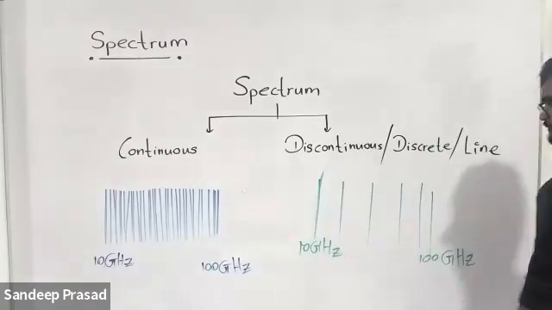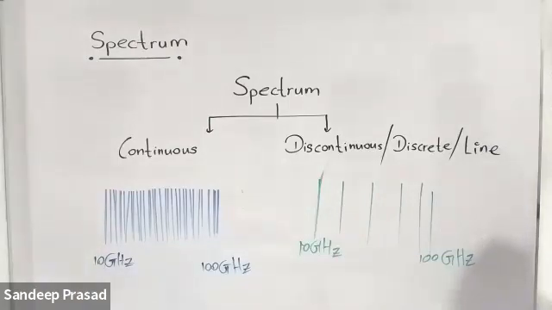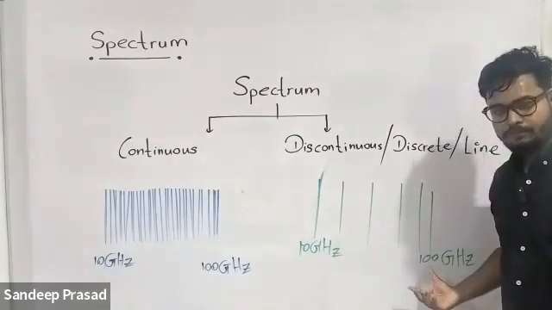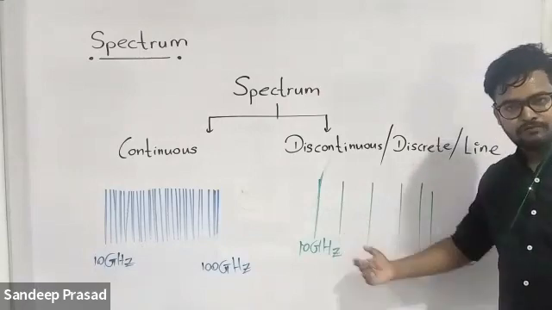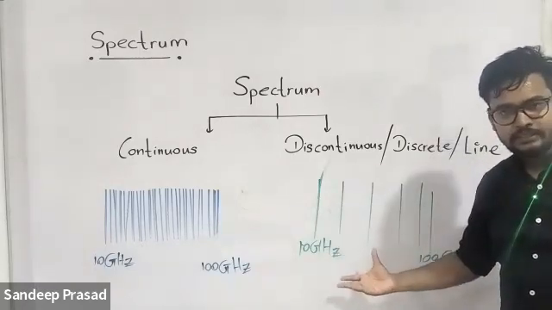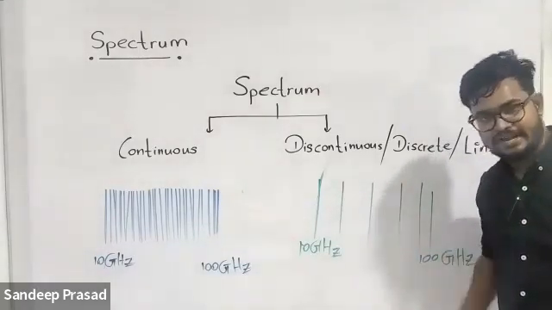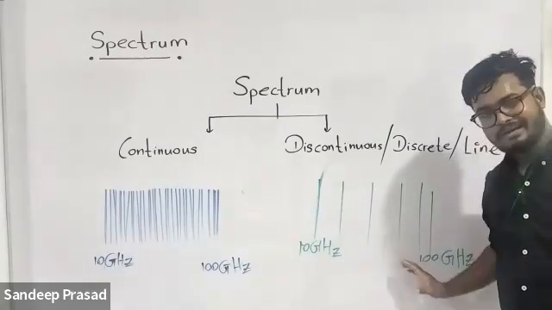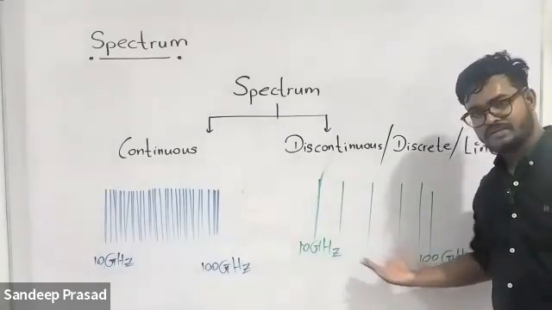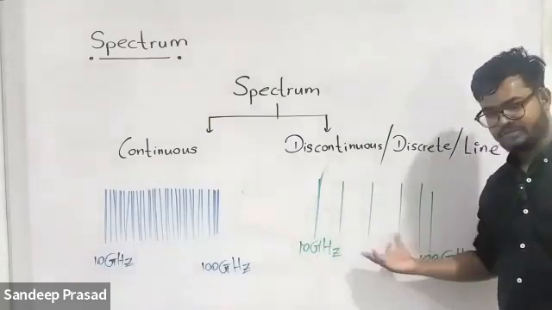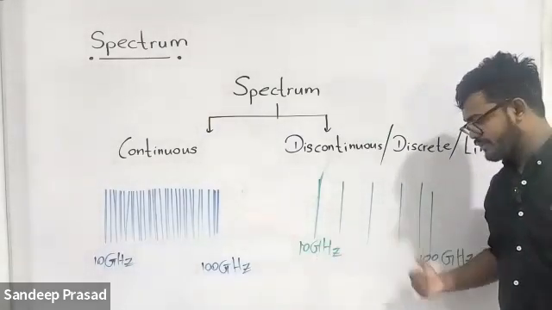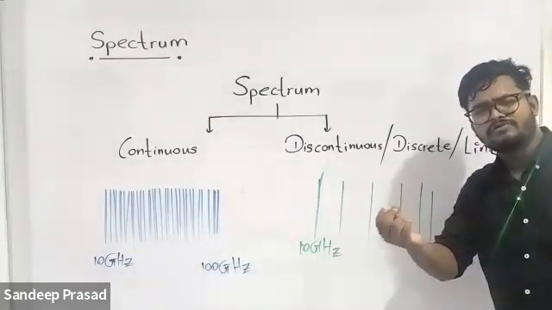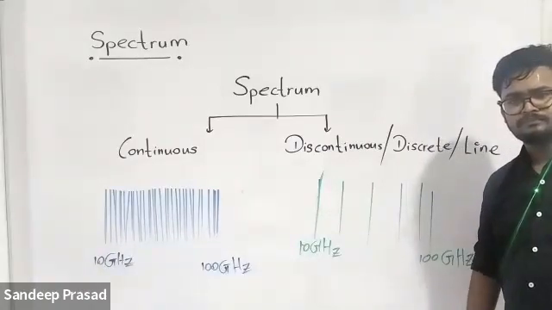Under the discontinuous spectrum, in a particular frequency range or wavelength range, we have only a small amount of energy radiations.